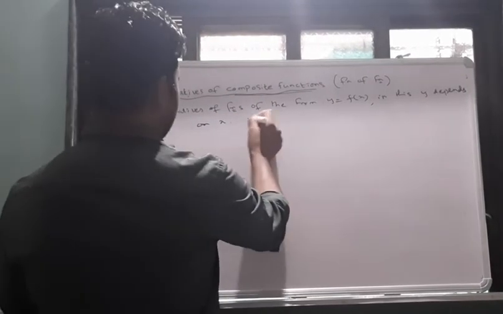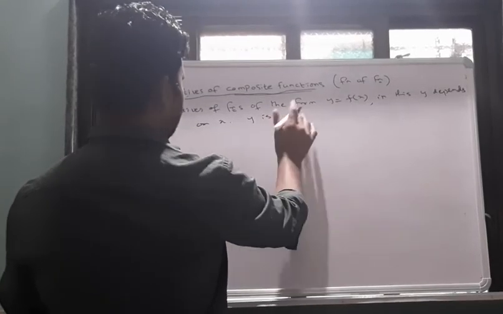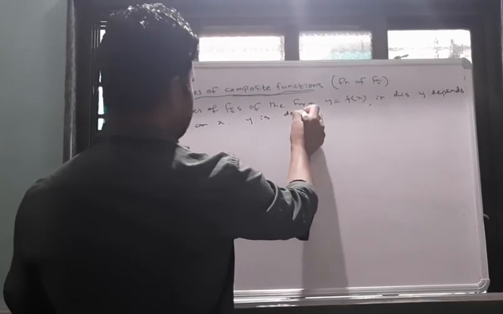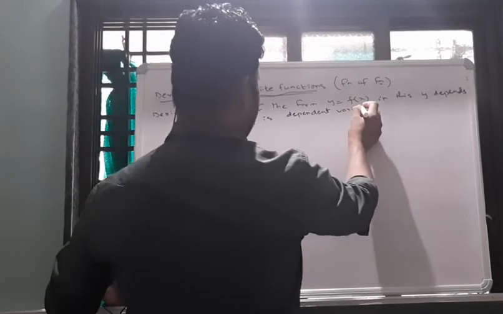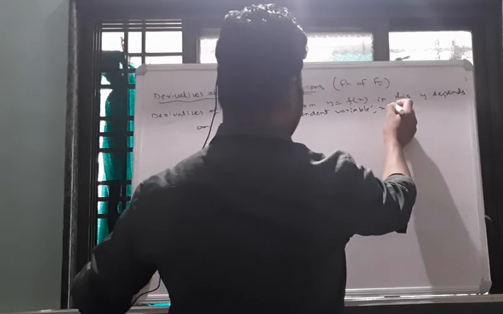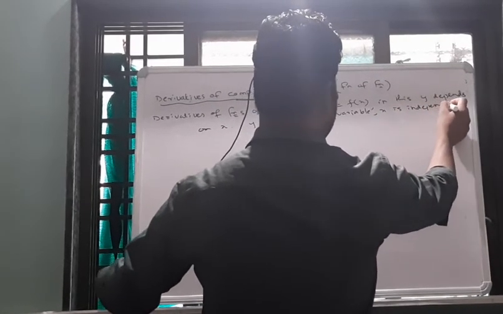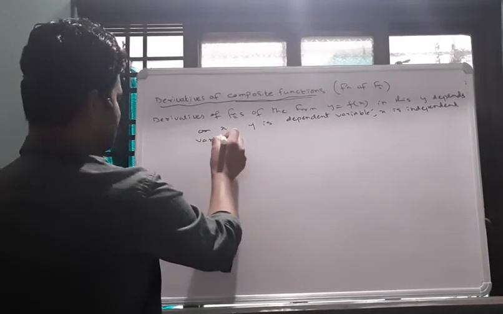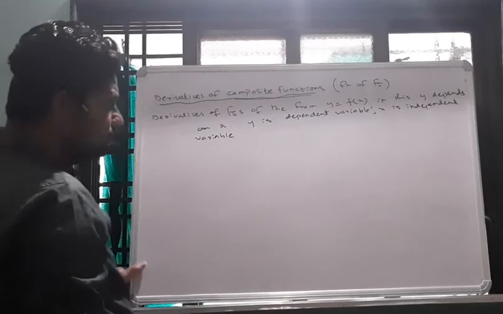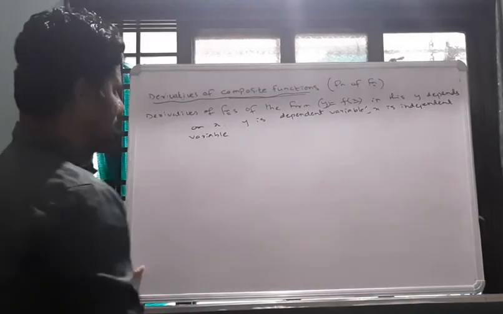So y is the dependent variable and x is the independent variable. Here there is one dependent variable y and one independent variable x.